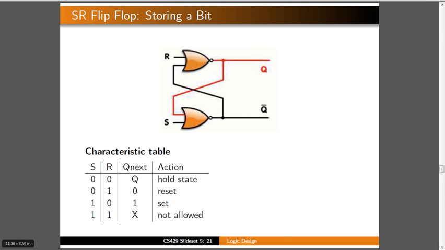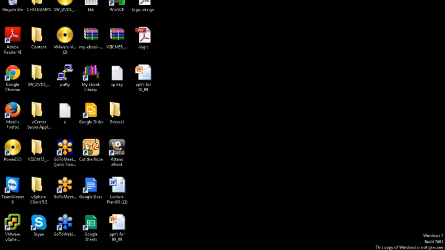Next are flip-flops. Now let's see one more slide.